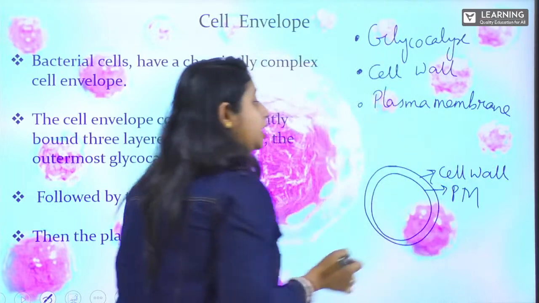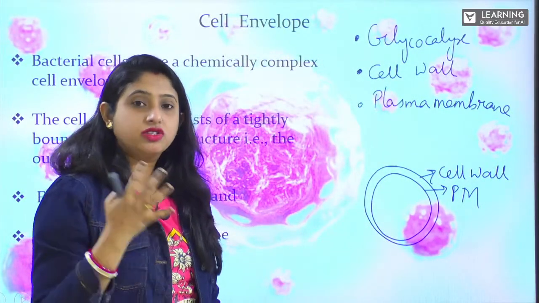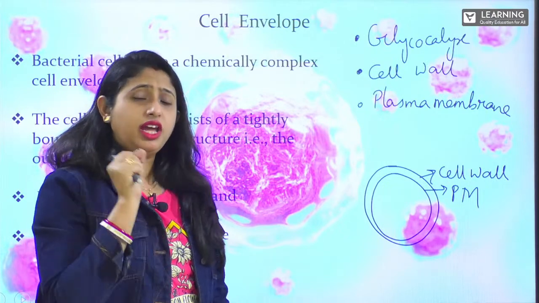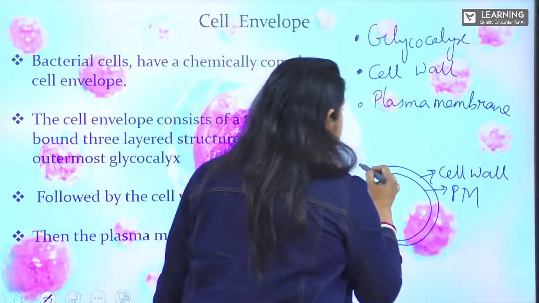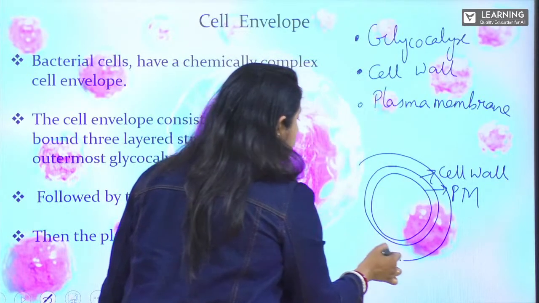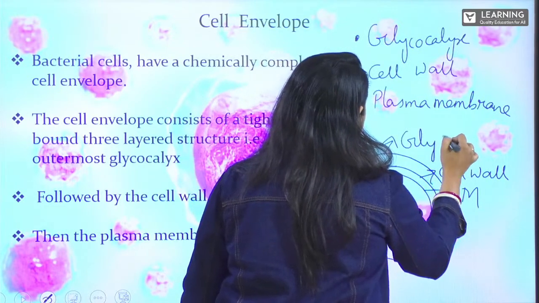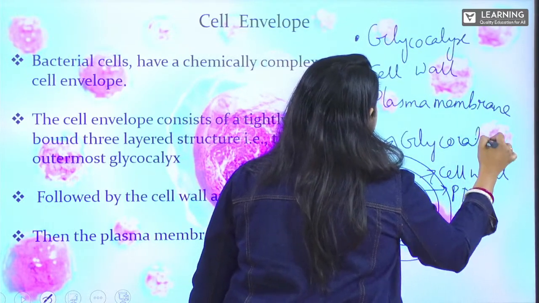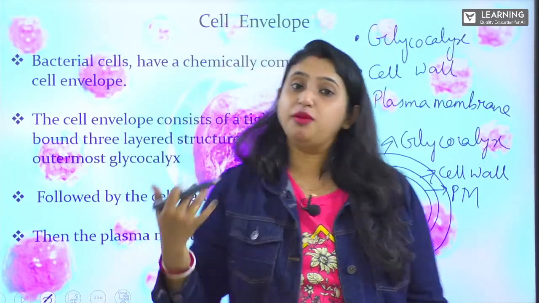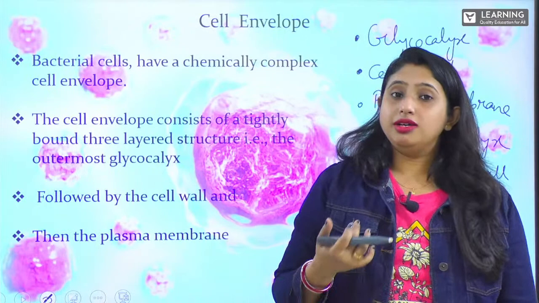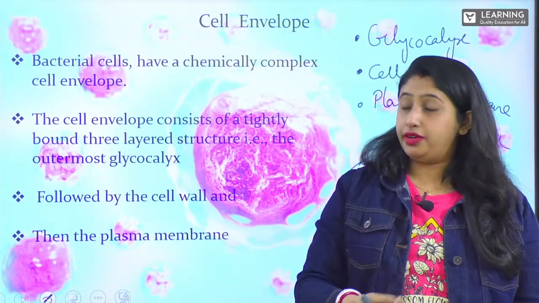Above the cell wall, they have an extra covering, extra protection, because they are very, very small. That is known as the glycocalyx. This glycocalyx can be in the form of a capsule or a slime layer.